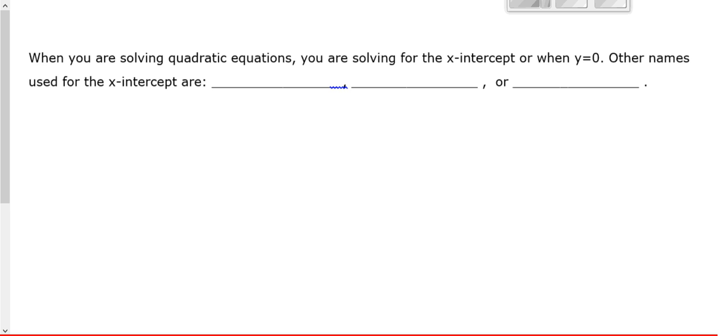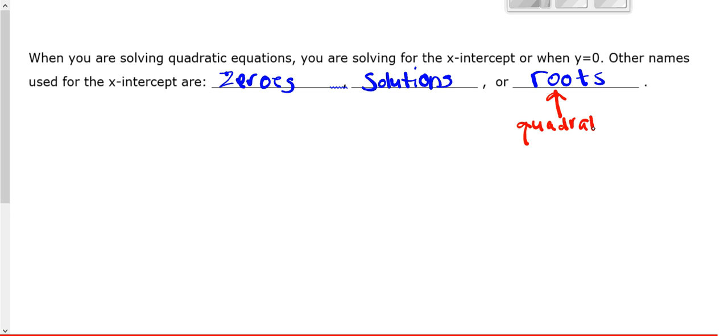Other names used for the x-intercept are zeros, solutions, and this is one that you might not have heard a lot, roots. And this largely comes from your quadratic formula, but also just from the format of your quadratic, ax squared plus bx plus c.